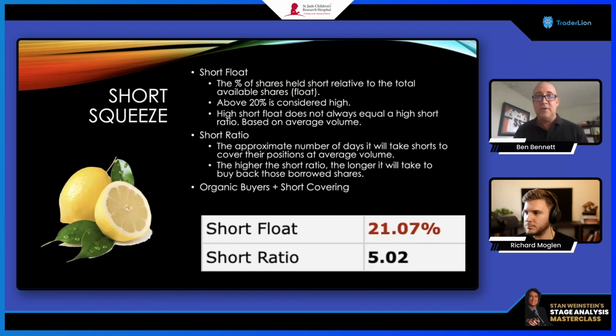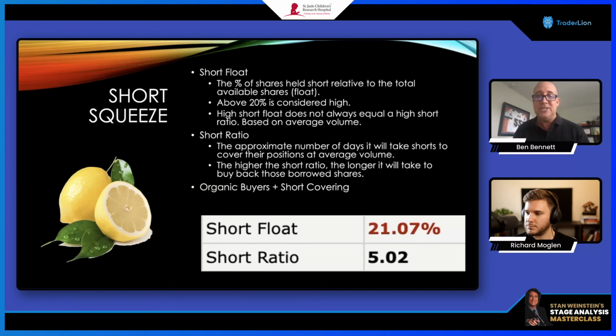Now you can have a short float that's higher than 21%, and sometimes even significantly higher than 21%, but still have a short ratio that's not even 1 day. So it's important to combine those to give you a big picture of exactly how much short interest is out there, and based on the average volume, what type of explosive move you can expect.